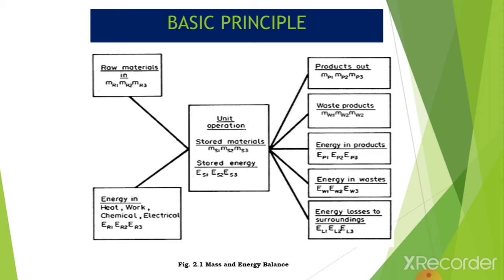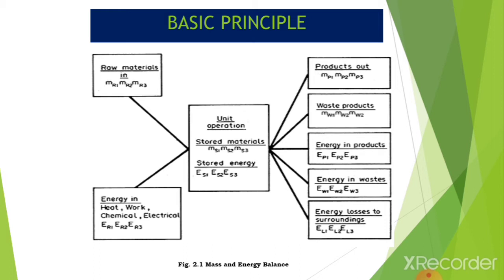That process is nothing but the unit operation, that may be cleaning, grading, sorting, evaporation, drying, pasteurization, sterilization, whatever it may be. And at the extreme right hand side there are various products which are coming out of the system, that is product, main product, waste product.